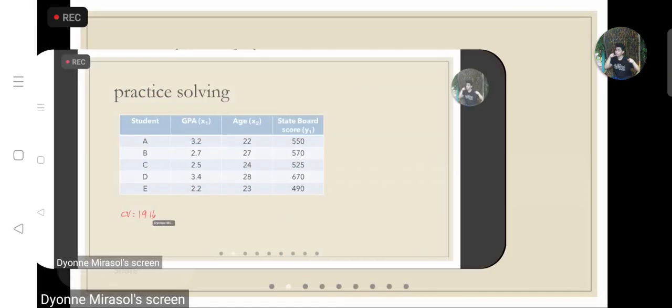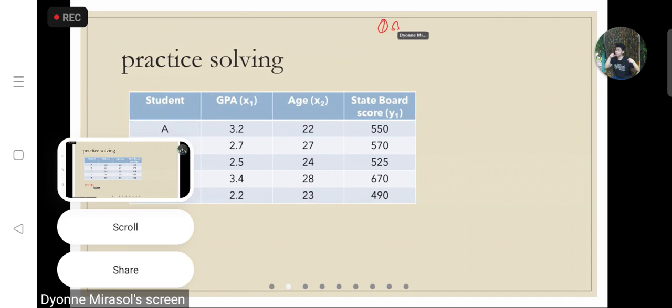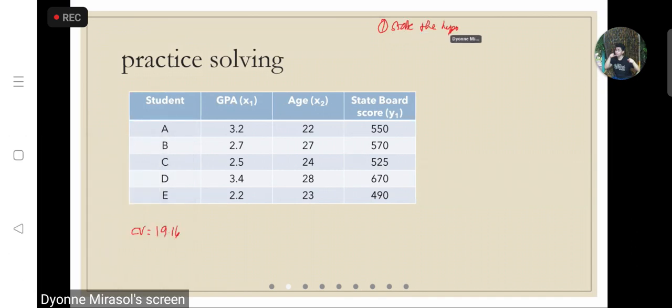So, step 1 is state the hypothesis. Our null hypothesis is B1, B2 is equal to 0, or translating to English, there is no relationship.